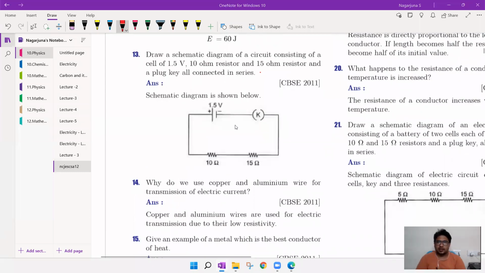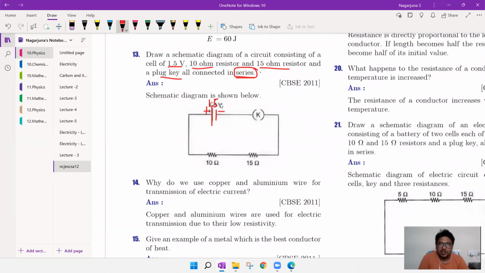Now in 2011, they asked another question. Draw a schematic diagram of a circuit consisting of a cell, so not a battery, a 1.5 volt cell, a 10 ohm resistor, a 15 ohm resistor and a plug key, all connected in series. That is a hint they have given. So you can draw one cell with a positive and negative terminal.